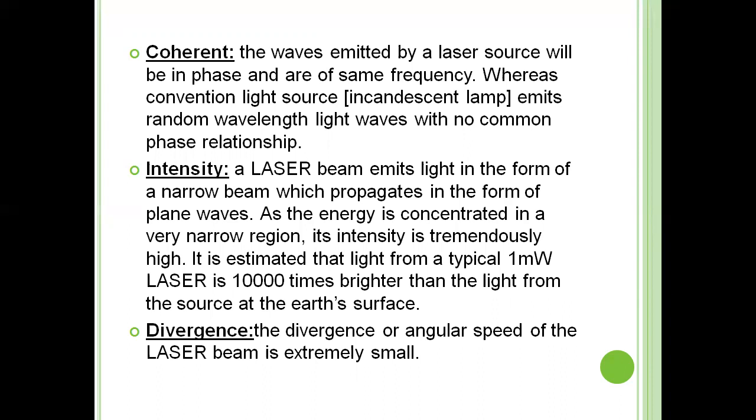Coming to the divergence, as I told you, a laser has the main properties of coherency and directionality. Directionality means all the radiations emitted from the source will move in a single direction. So obviously its divergence angle will be very small compared to conventional light sources. The divergence or angular spread of a laser beam is extremely small.